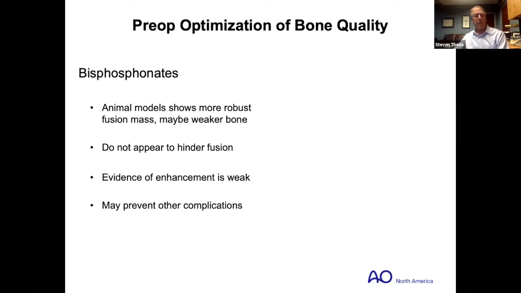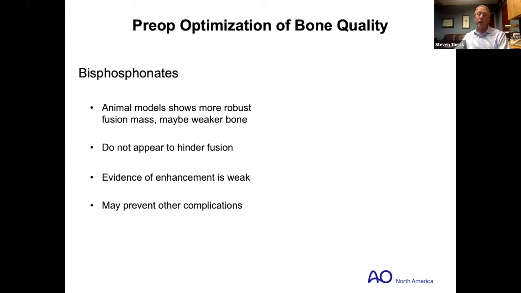And the animal models seem to show that bisphosphonates around the time of a spine fusion may actually show a more robust fusion mass. And this makes sense if you're not resorbing bone, but you're just laying down bone, that fusion mass is going to be more robust, but that bone isn't as high a quality bone because it hasn't remodeled appropriately.